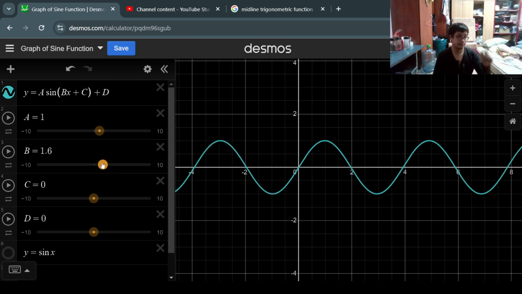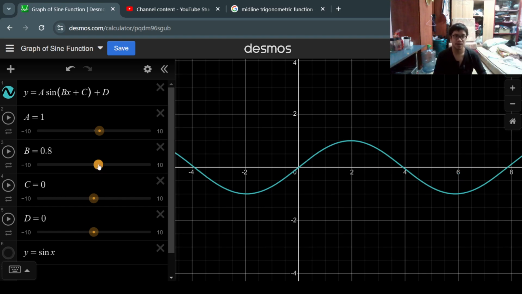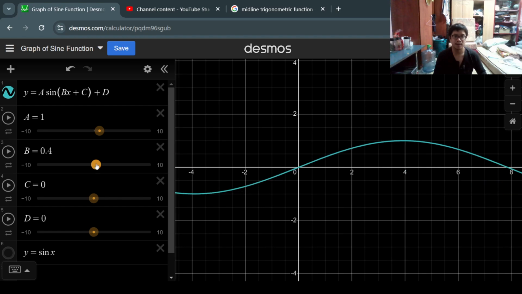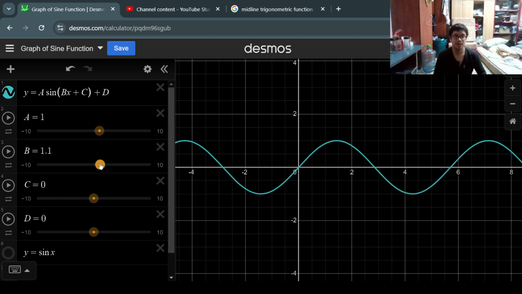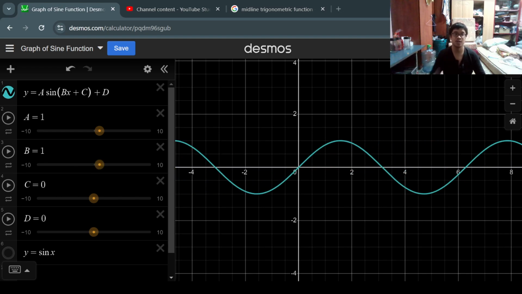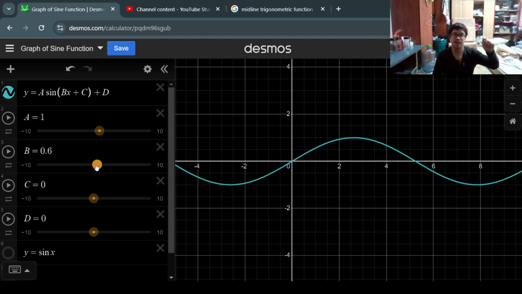But what goes on if we decrease it? It's stretching. All right. So if your starting point is one, you see this one, right? If you're going to decrease it, it stretches, and stretches.